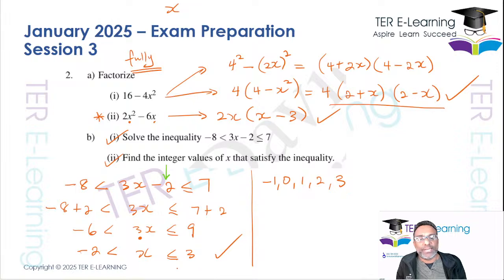We need to include the 3 because of this inequality sign here. So we're going from minus 1 right up to positive 3. All right, so that's 2 part B.